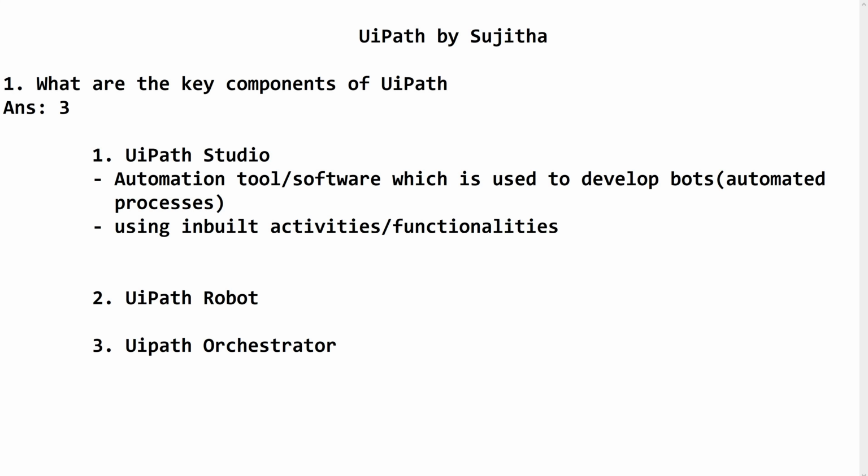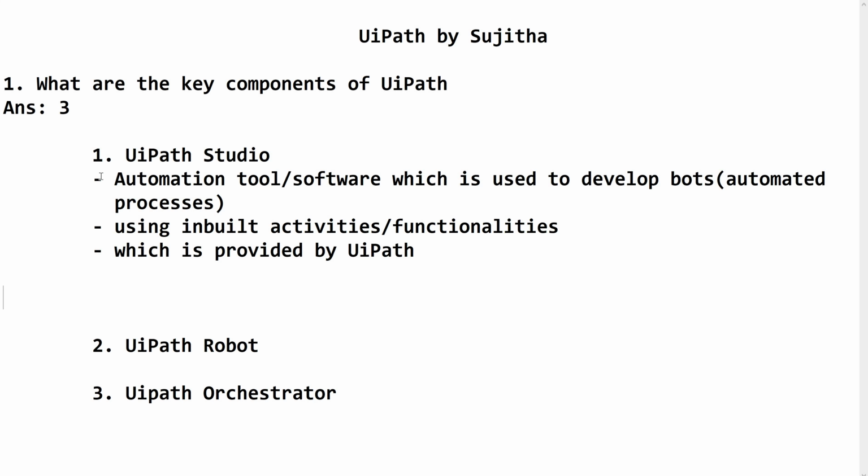An automation tool or a software which is used to develop bots using inbuilt activities. Right? Now let us see one more point here. Who provided this? This which is provided by UiPath.